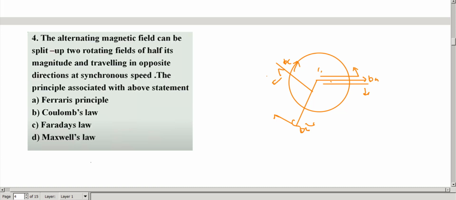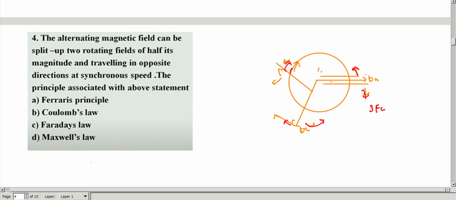If you calculate this, you finally get F resultant equal to 3/2 Fm cos of theta omega. You can see here 3 forward rotating magnetic fields and 3 backward rotating magnetic fields.